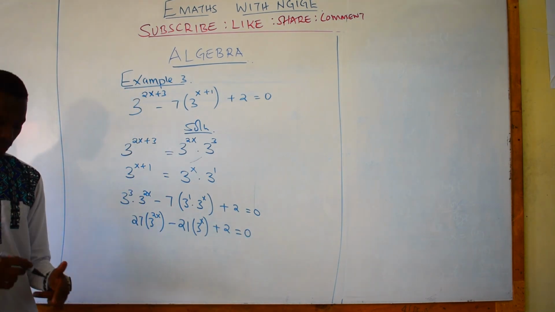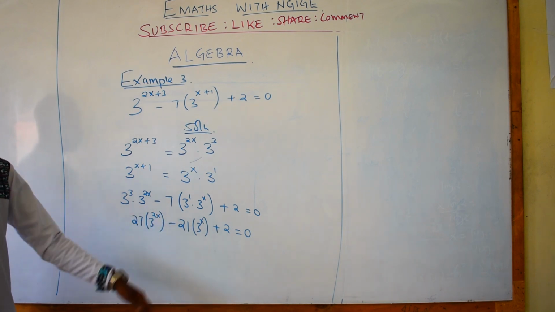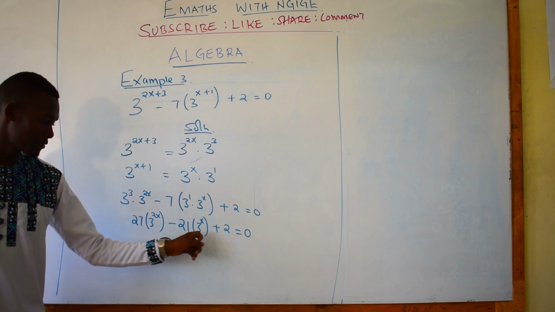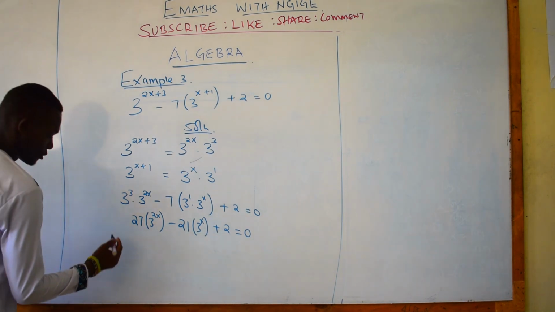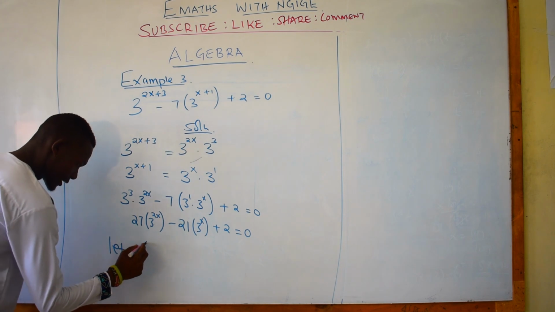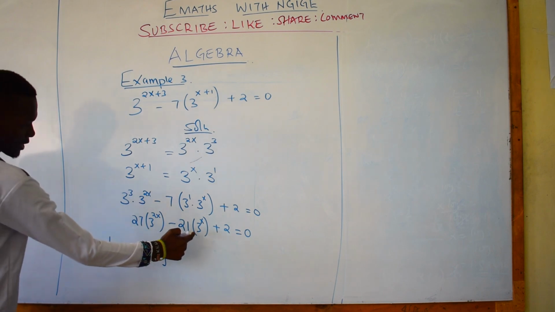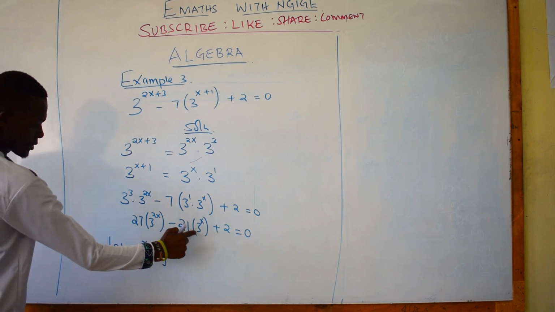Therefore, you can now see we have simplified this so that we have something common between the two of them. So at this point, we let this term, 3^x, equal y. Where we have 3 raised to the power x, we replace it with y.